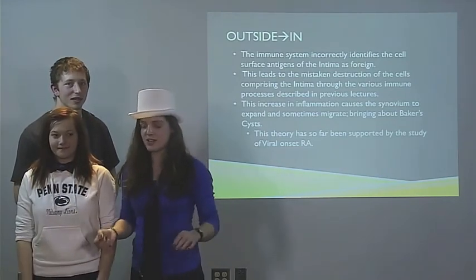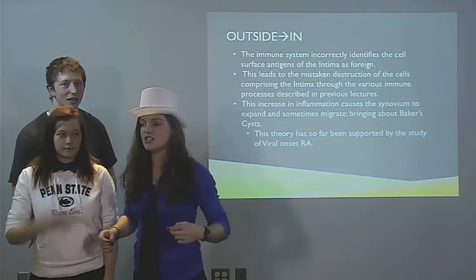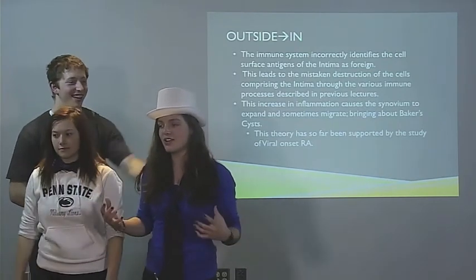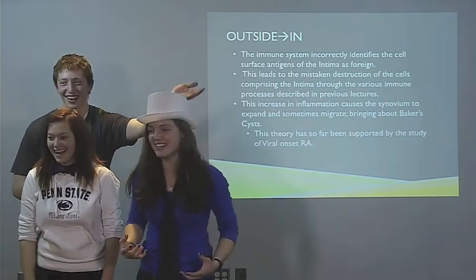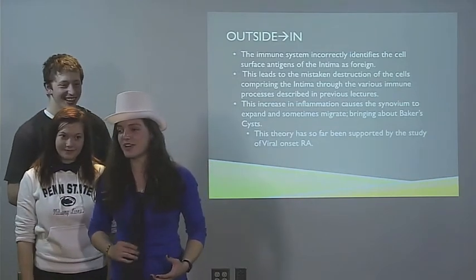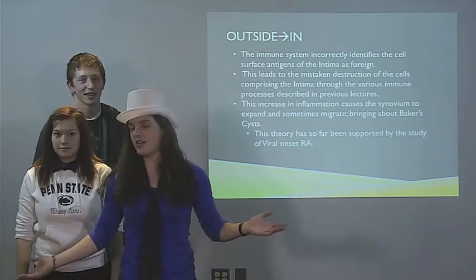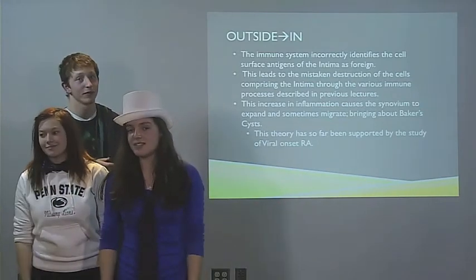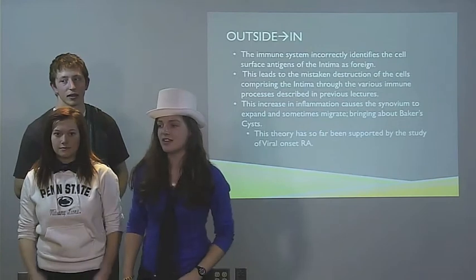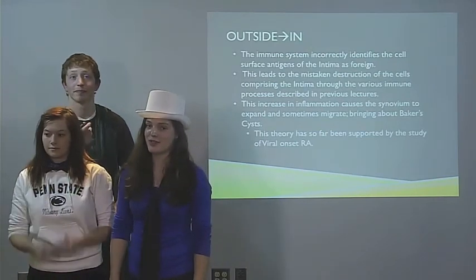Your immune system is killing your own cells, and this causes inflammation and swelling and just general horribleness in your joints. Your intima becomes very inflamed, and this can also bring about unlucky Baker's cysts. This theory is the most supported by the study of viral onset RA, rheumatoid arthritis.